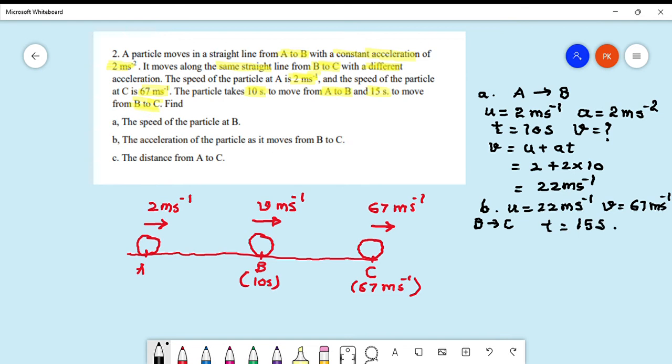Now I want to find out the acceleration during this interval. So I will use a is equal to v minus u divided by t.